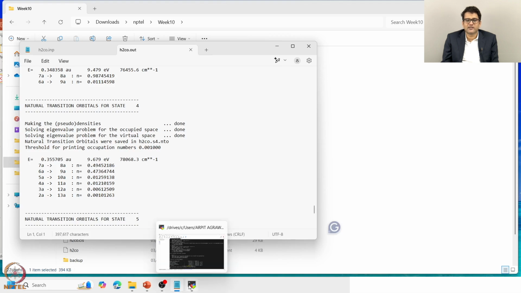And how to visualize them? By using the tool orca_plot. Using orca_plot, we will generate the cube files and then look at how they actually look.